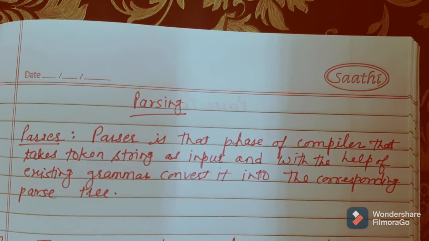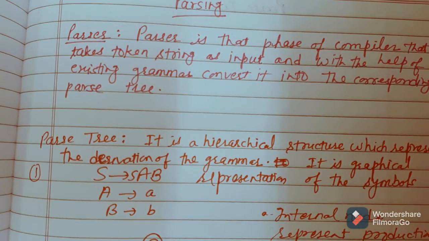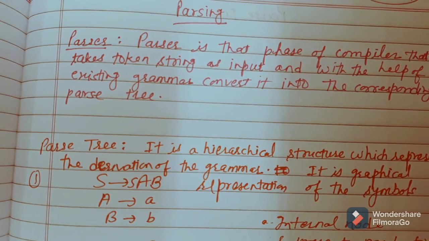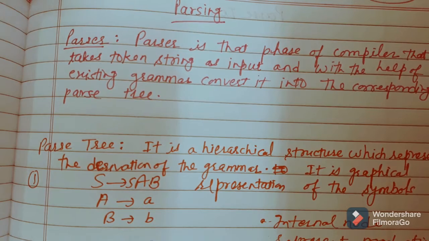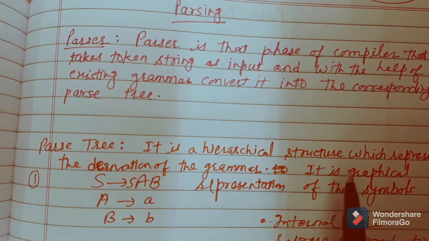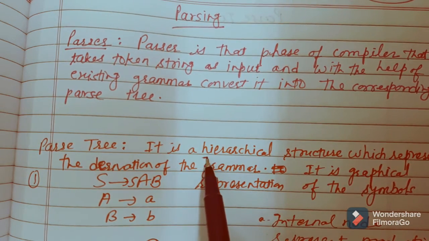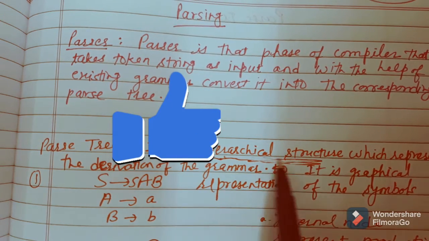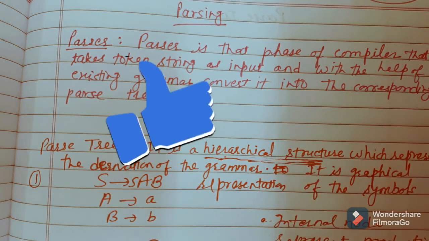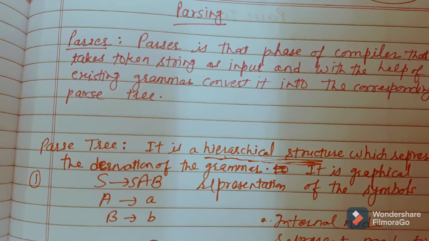As we know very well, the parse tree is like a tree structure, and when the tree terminology comes to mind, we say this is a hierarchical structure. Hierarchical structure means there is some parent and there will be some children in this form.